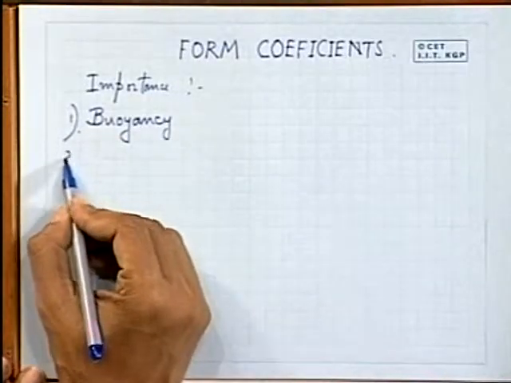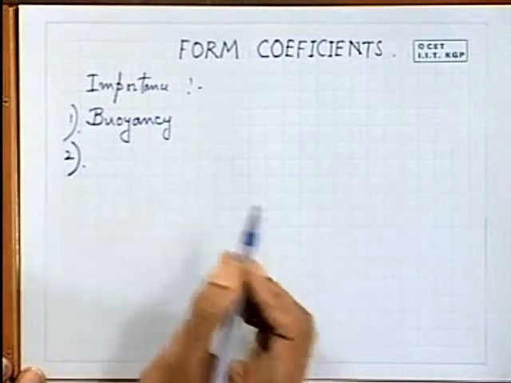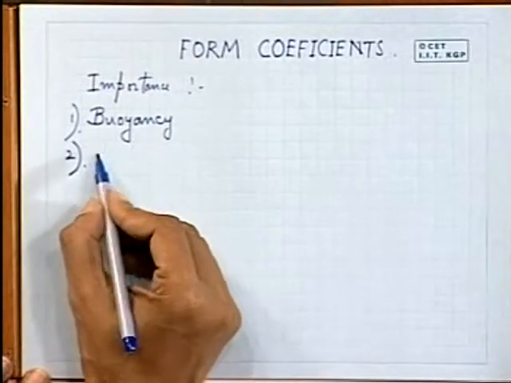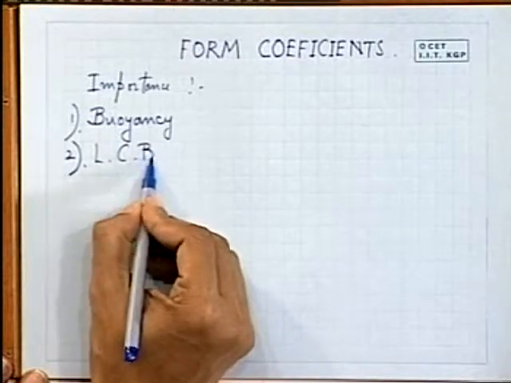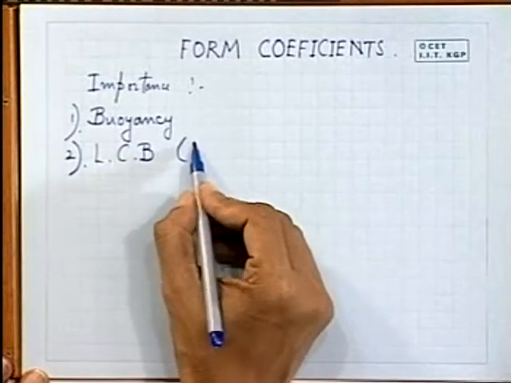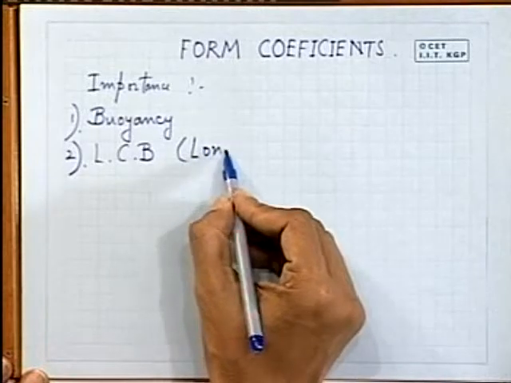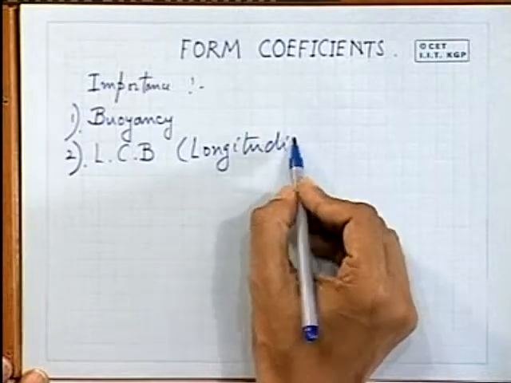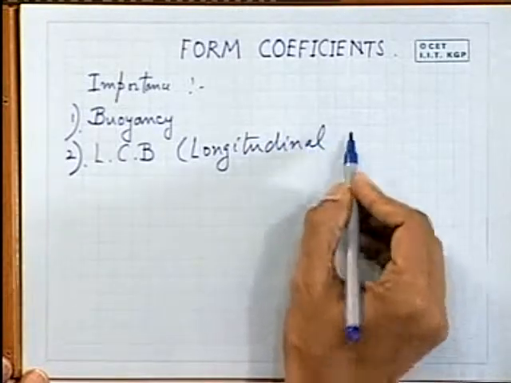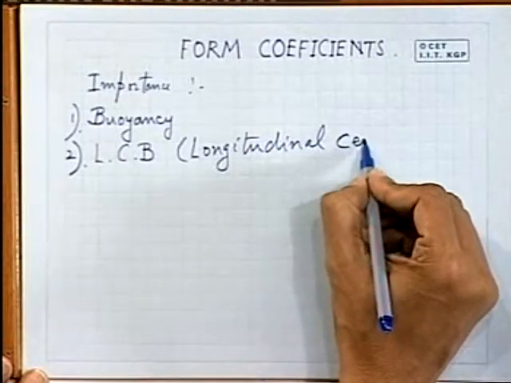Next, what you can calculate is the center of buoyancy, which is given by the LCB position. LCB is nothing but longitudinal center of buoyancy. So these are the calculations one has to make from the lines drawing.